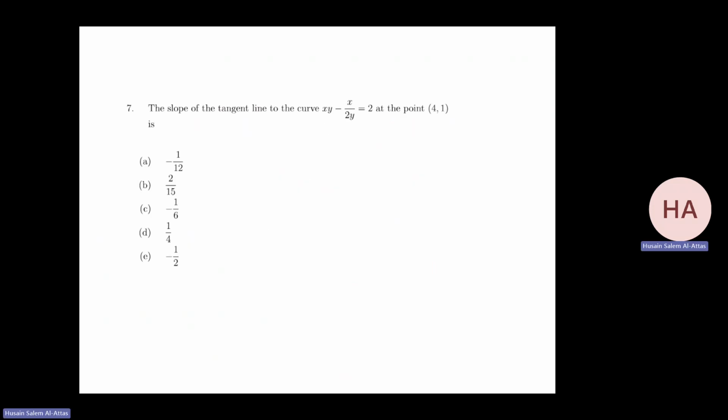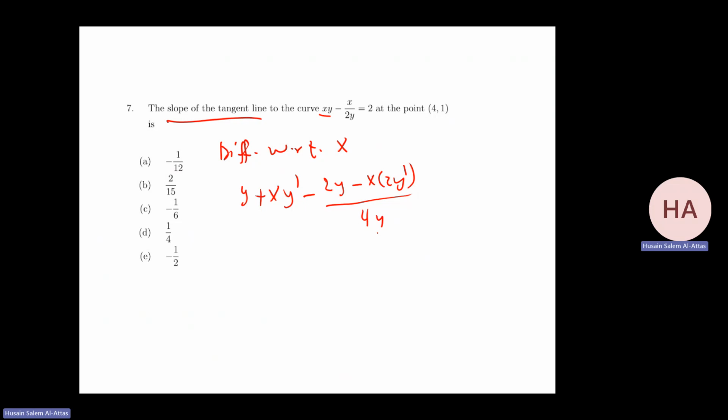Okay. Slope of the tangent line. I mean, differentiate with respect to x, and then substitute. What do you have? Product rule, y plus x y prime. Here I have a quotient. Okay, the derivative of the numerator, 1, times the denominator, minus the derivative of the denominator, which is minus x times 2y prime, over 4y square.